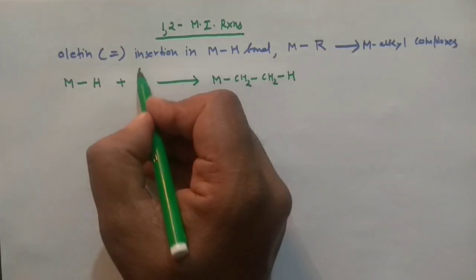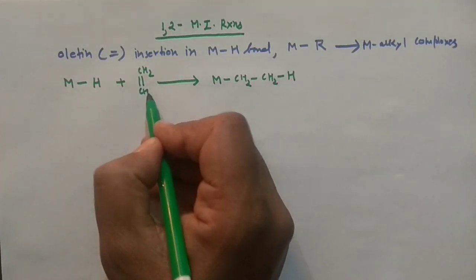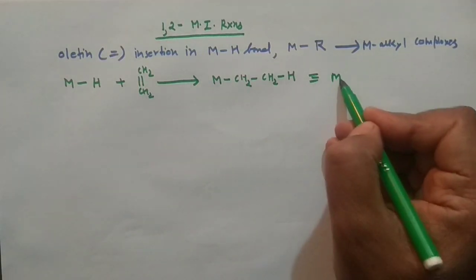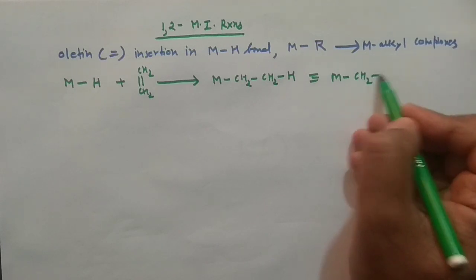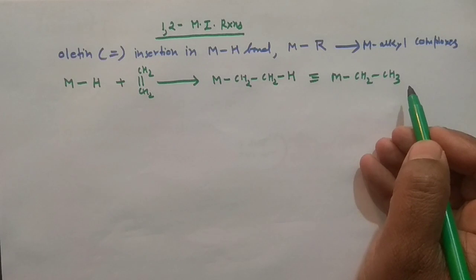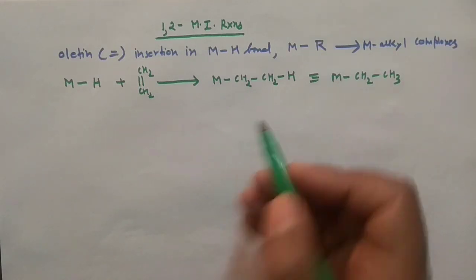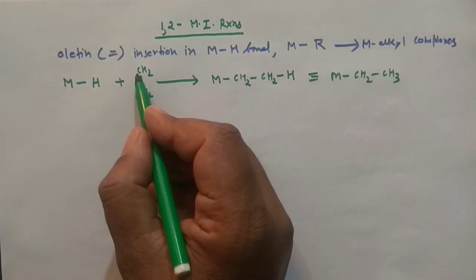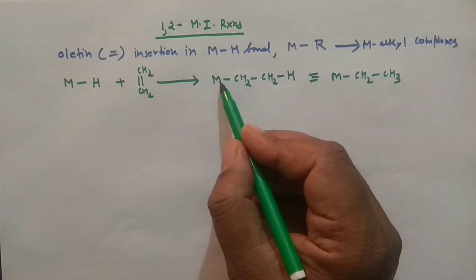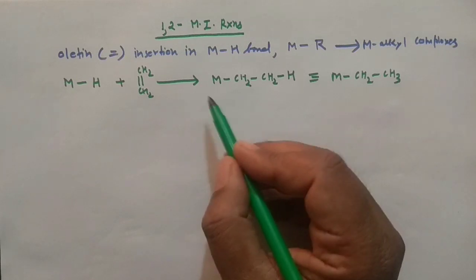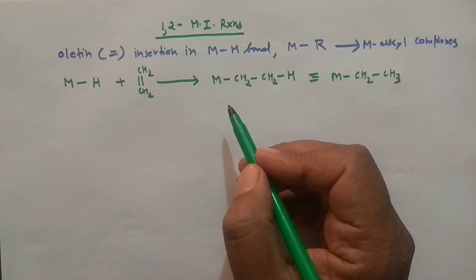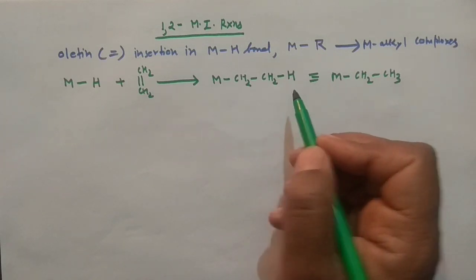So basically this alkene is inserted between these bonds, and this is M, CH2, CH3, the metal alkyl complex. In that case you can see the hapticity is 2, and it has changed from 2 to 1. This is the feature which I have already explained to you. This is a very important reaction.